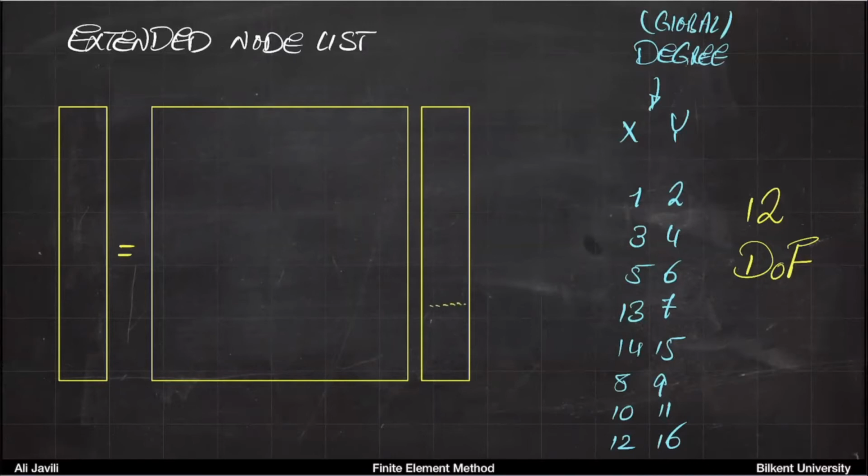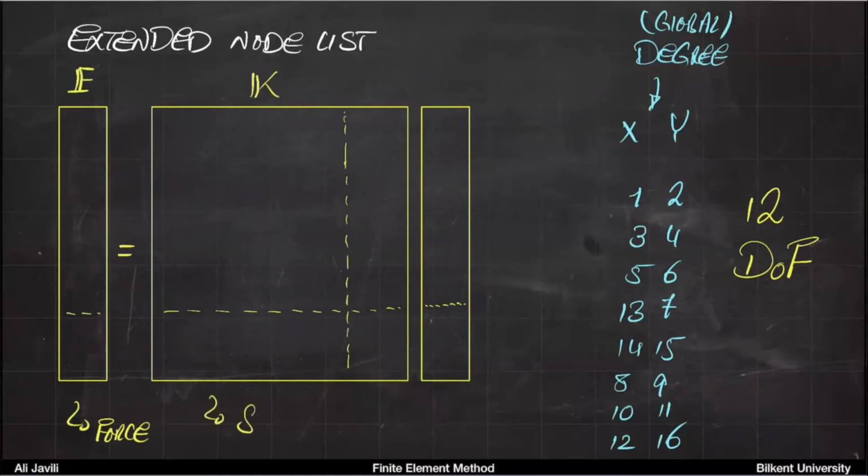So let's say if you think about it like this, the stiffness matrix would look like this, and this is force. So this is your force vector, F. This is your stiffness matrix, K, which is the global stiffness matrix after assembling it, right? So we have learned how to assemble them.